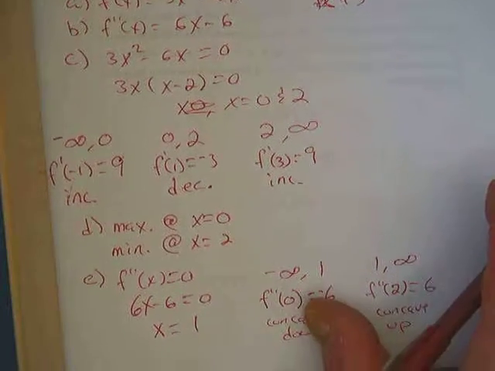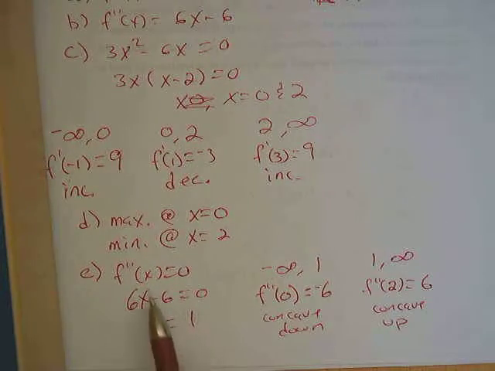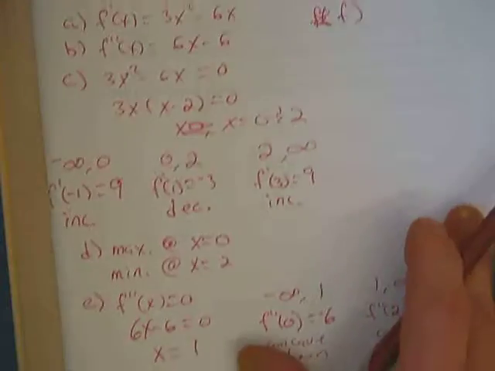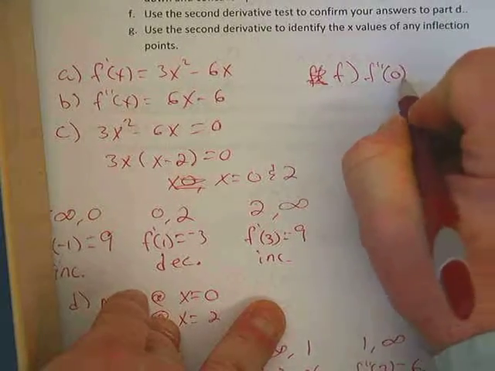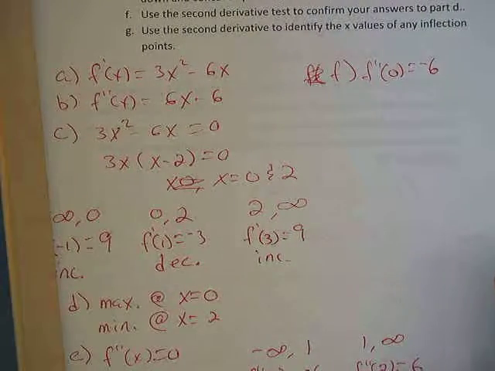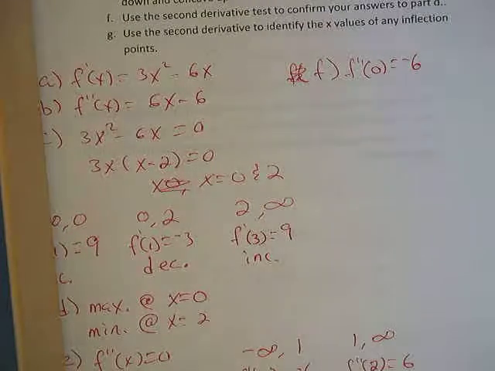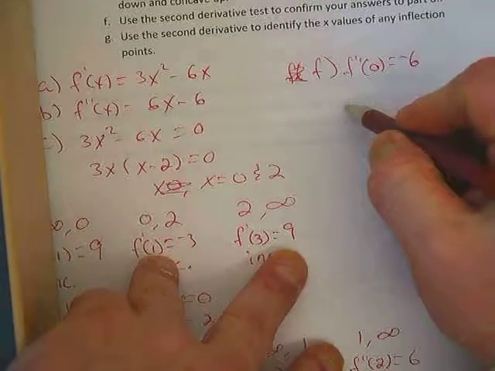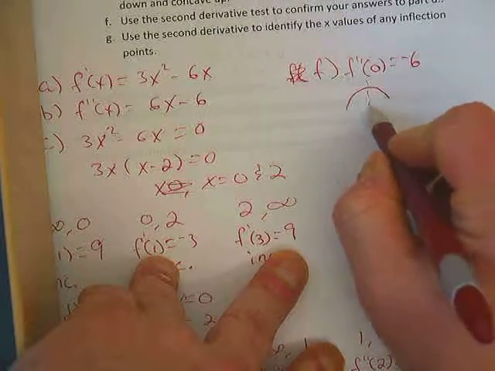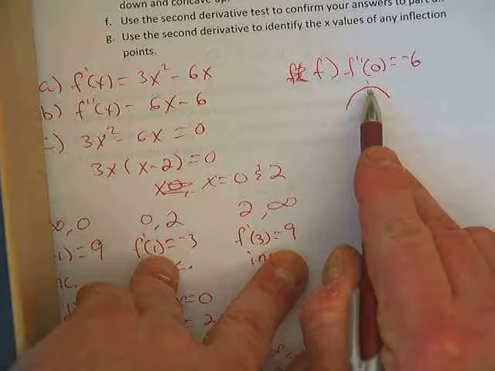Use the second derivative test to confirm your answers to part D. So part D was about finding relative mins and relative maxes. And our critical points were 0 and 2. Well, you know what? I used both of those as a matter of fact here. So if I plug in f double prime of 0 and I get negative 6, which means it's concave down, and 0 is a critical point, if something is concave down, does that make the critical point a min or a max?